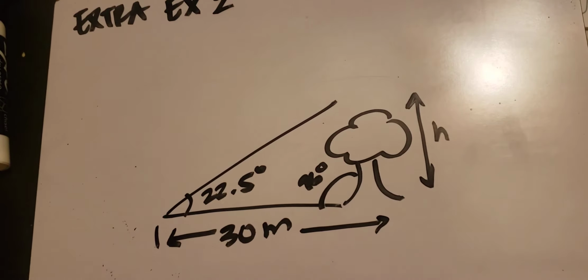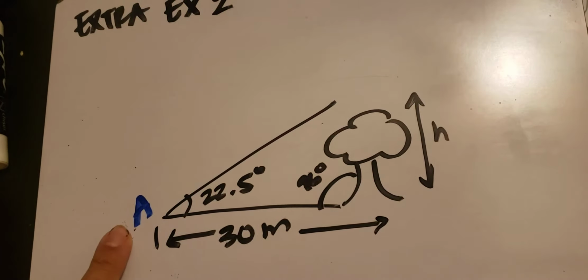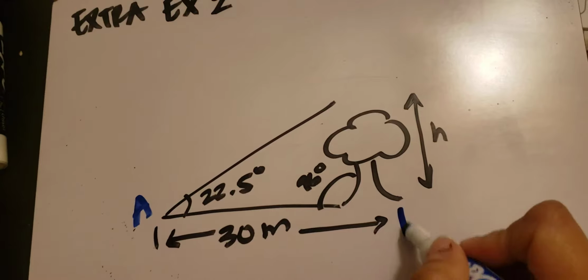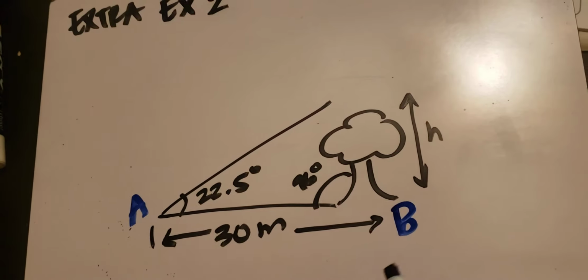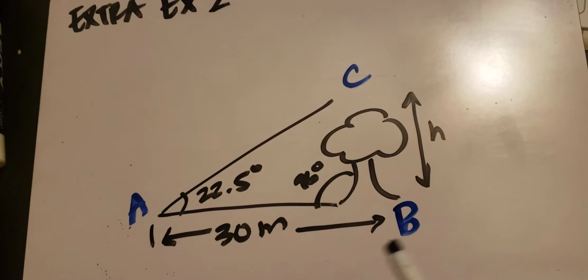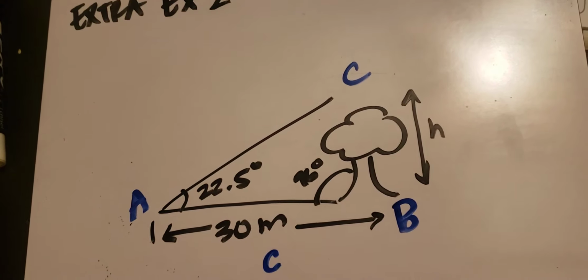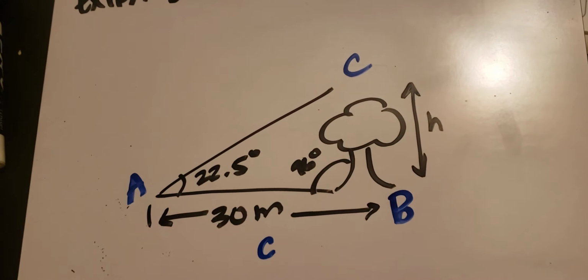Okay. Don't stress out. So right off the bat, I'm just going to say here's angle A, and then here's angle B, okay, and then here's angle C. And then once you label your angles, you can say, okay, well, the side that was given must be side C because this is angle C, okay?